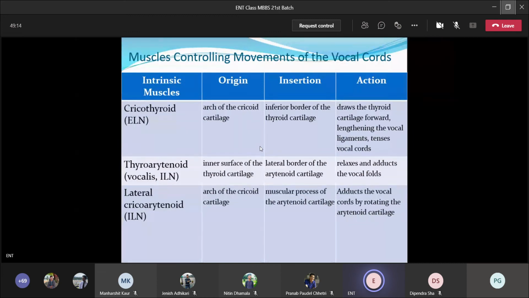And lateral cricoarytenoid: the origin is the arch of the cricoid cartilage, the insertion is the muscular process of the arytenoid cartilage, and the action is to adduct the vocal cords by rotating the arytenoid cartilage. So these are the muscles controlling the movement of the vocal cord. See the intrinsic muscles, origin, insertion, and actions: cricothyroid, thyroarytenoid, and lateral cricoarytenoid.